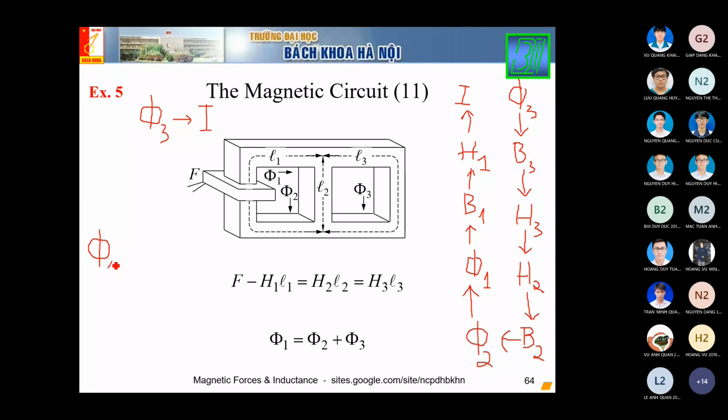You are given phi 1, and you have to find the current I. So I want you to write down the process of finding the current from phi 1. Okay, off you go, guys. 10 minutes.